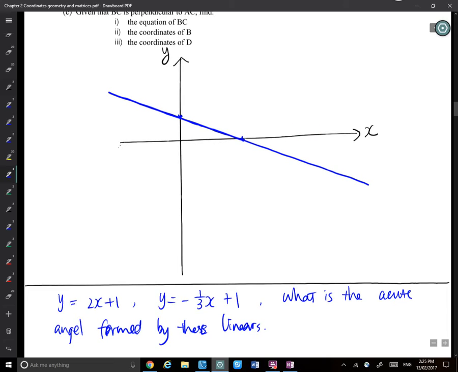Okay, we have a line here. We have (3, 0) and (0, 1), and the other one will be (0, 1) and (negative a half, 0). Okay, then we have this one.